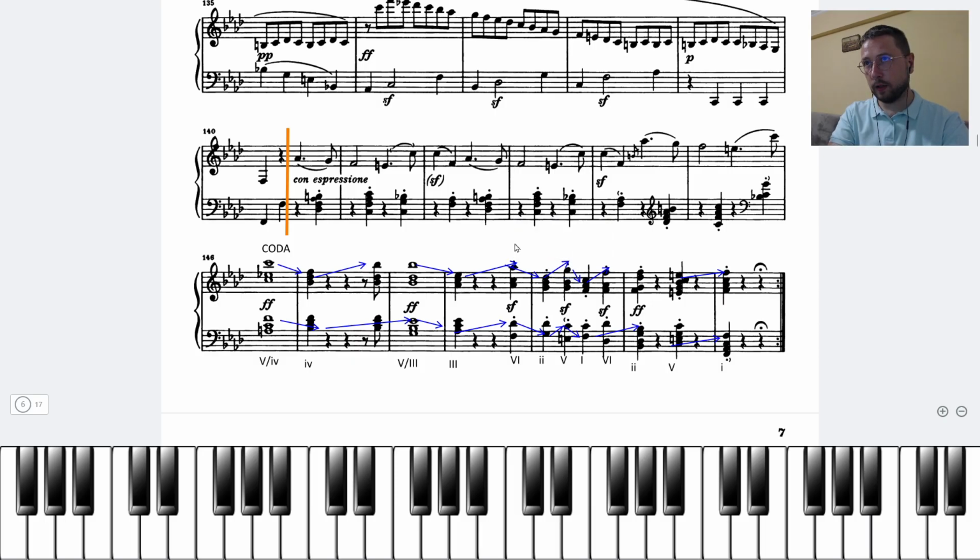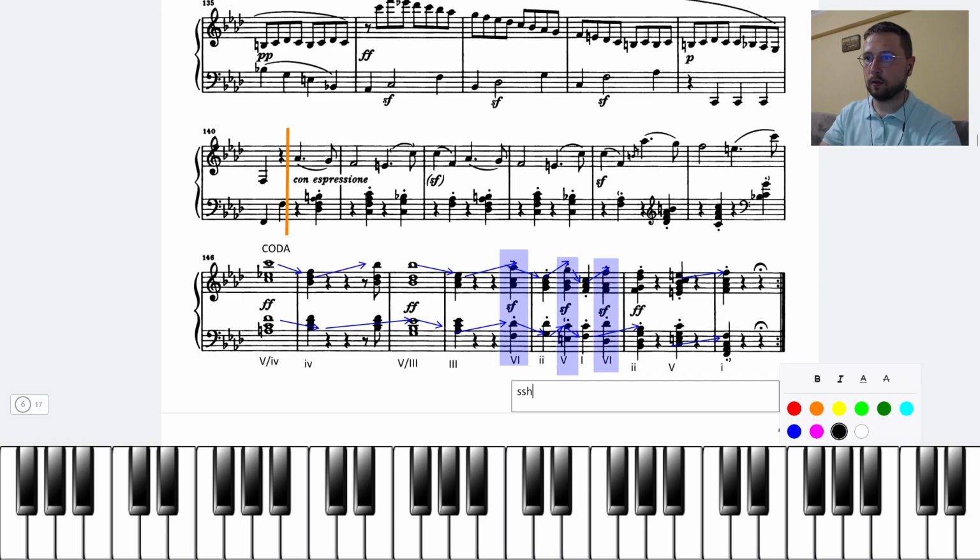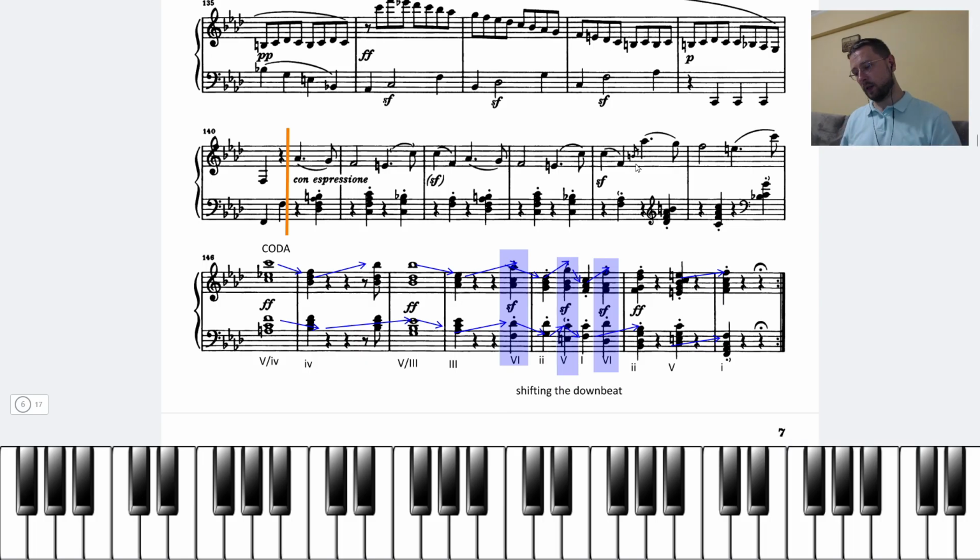And finally, the beautiful element is that he is shifting the downbeat. So usually what we would find in a lot of advanced music by Beethoven, in something that Brahms really picked up on, is this type of accentuation in offbeats. It can sound at times that we're in the downbeat here, but then we're returning back to the downbeat.